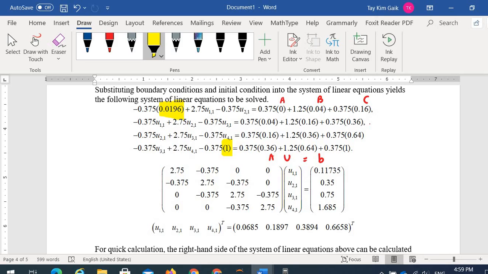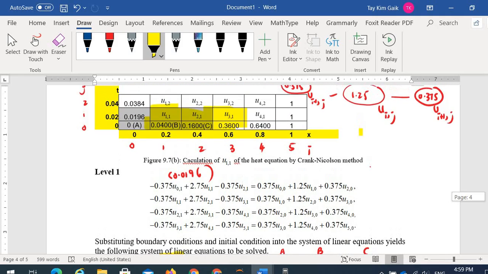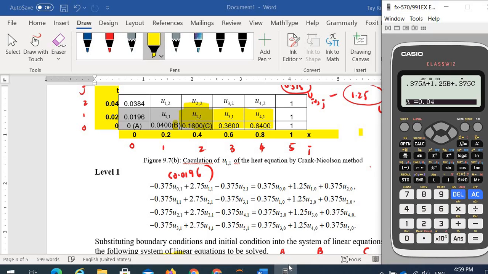For the third equation, you move, start from here. So A moves from 0.04 to 0.16. B here is 0.36. C is 0.64.